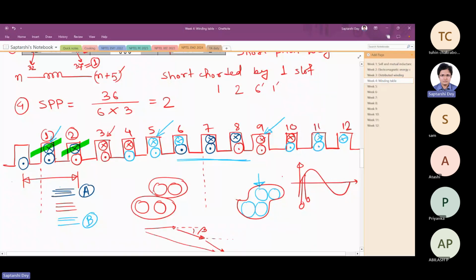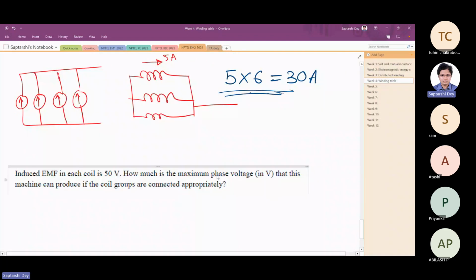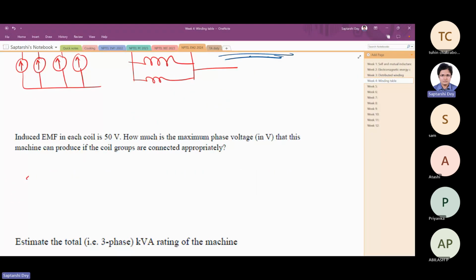For the current, we can say they are the same because they're in series, but for the voltage, we cannot simply say two coils in series, so 2 into 50 volt each. One kd will come, distribution factor will come, and one kp will come, pitch factor will come.